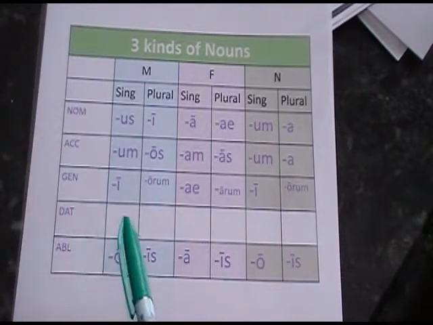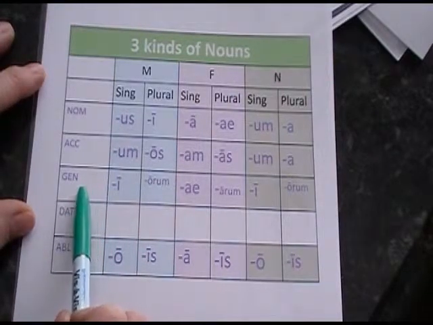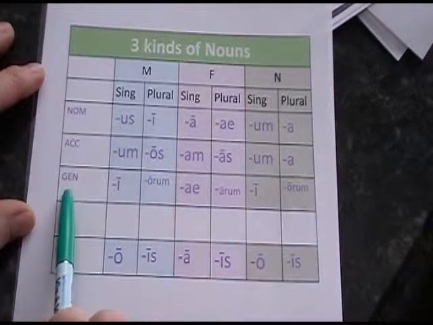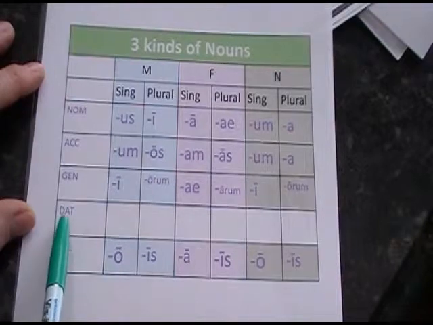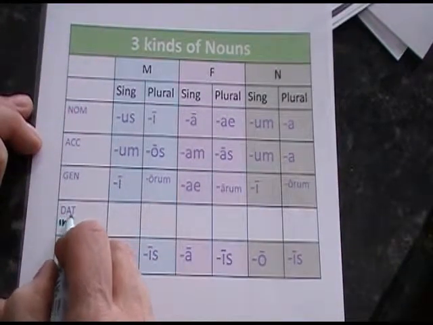Genitive frequently means of, used to show possession and other things. Here's our new thing. Dative, indirect object.